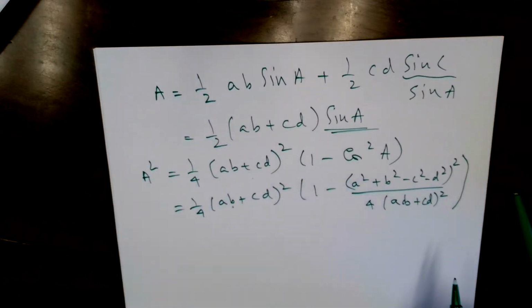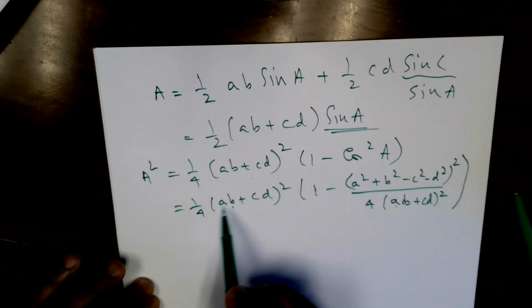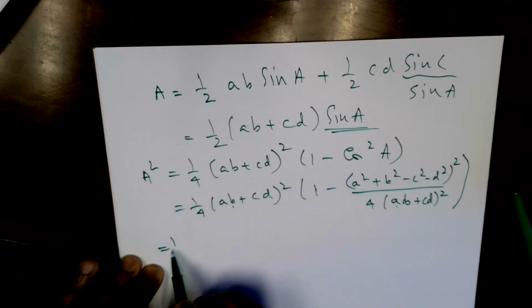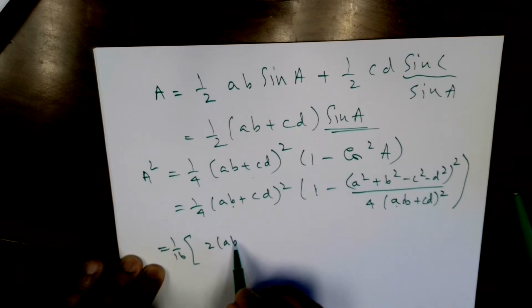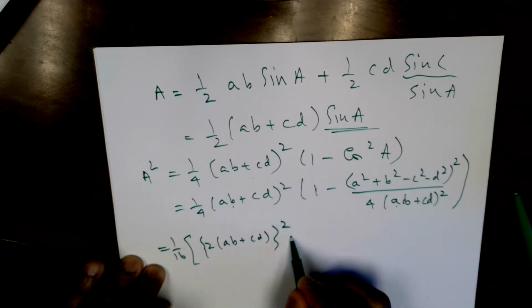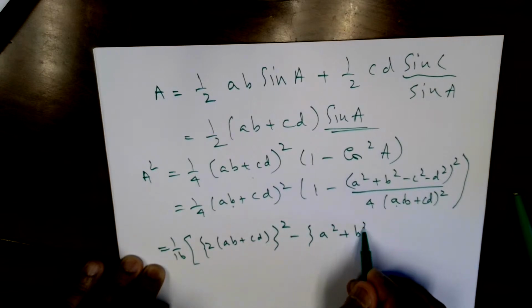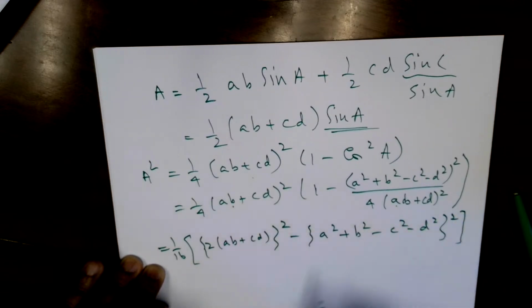All right, so I'm going to notice that when I bring this over here, this will cancel. AB plus CD squared will cancel, giving us 1/16. Then 2 AB plus CD squared minus A squared plus B squared minus C squared minus D squared, the whole square.